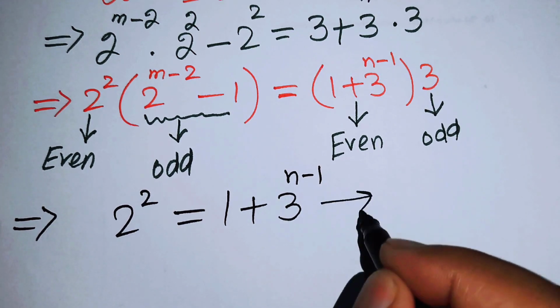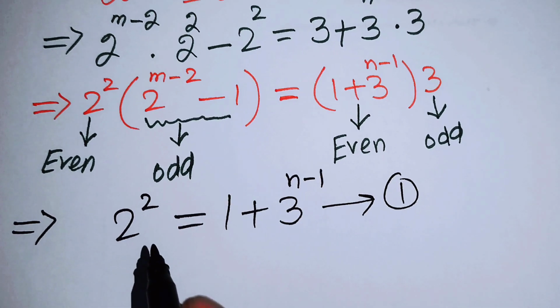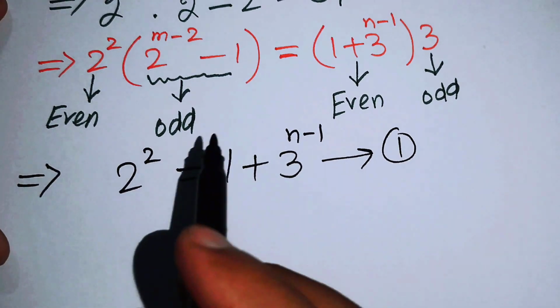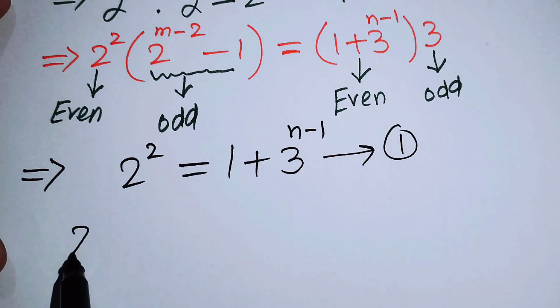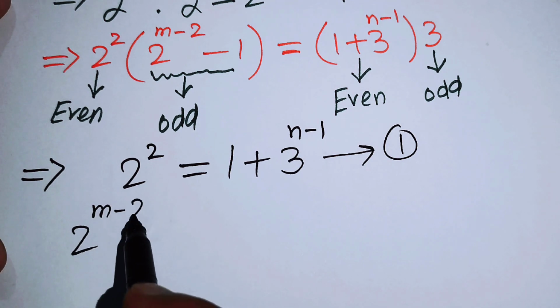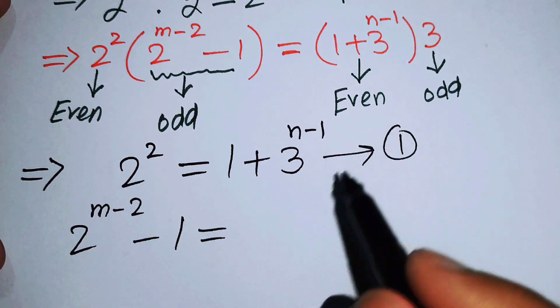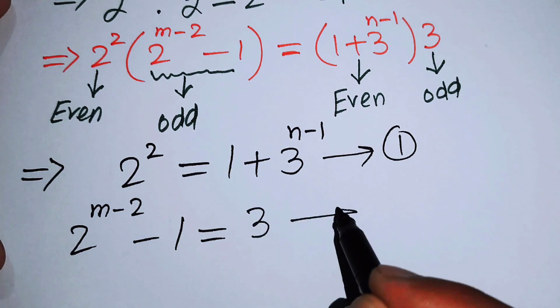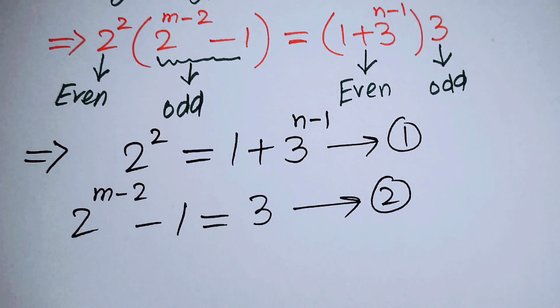I can name this equation number 1. Similarly, now we compare the odd ones. In the left hand side we have the odd term 2 to the power of m minus 2 minus 1, which is equal to, in the right hand side, the odd term 3. I can name this equation number 2. So now we will solve these two equations one by one.